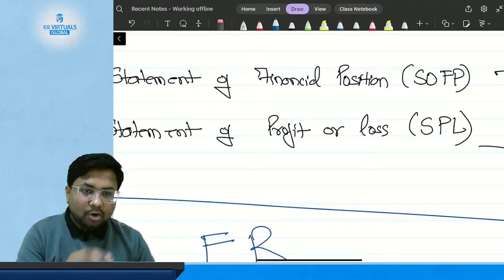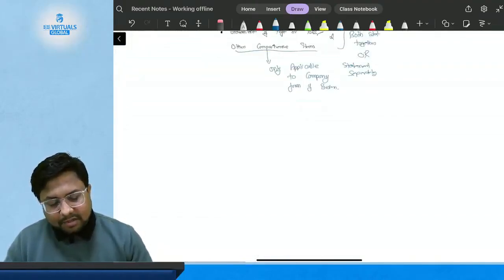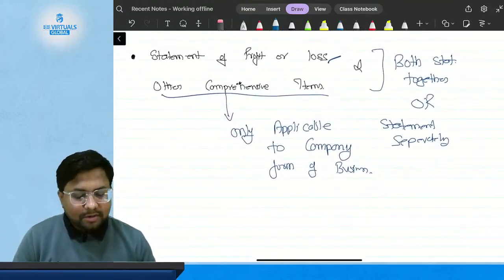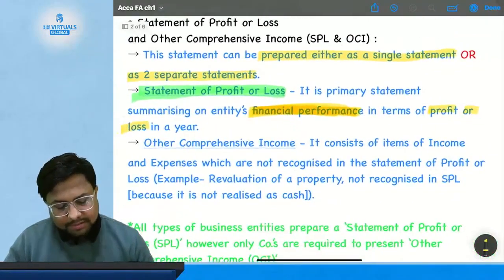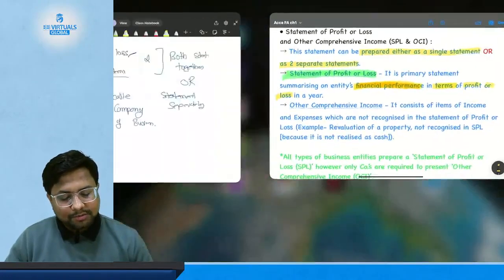So the statement of profit or loss deals with the financial performance of the business in a year or an accounting period. Okay. Now, what is financial performance in terms of profit or loss?